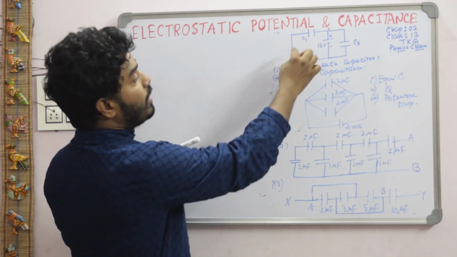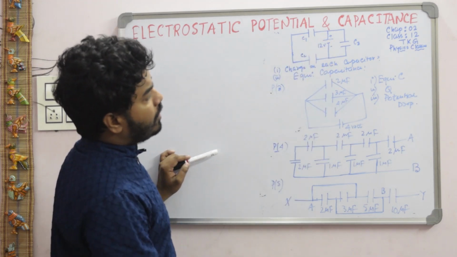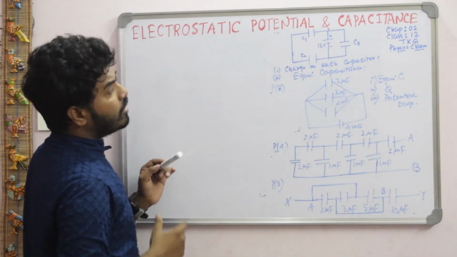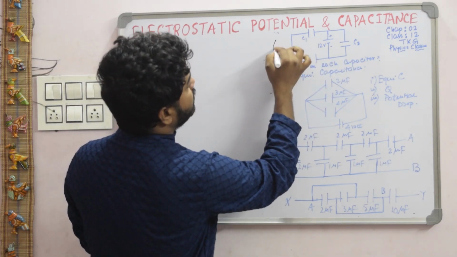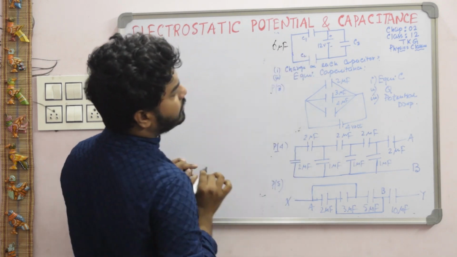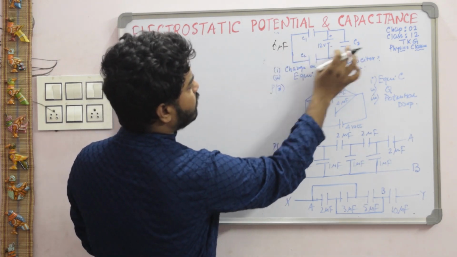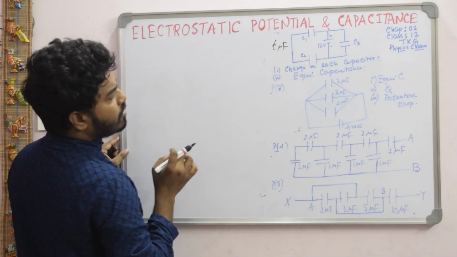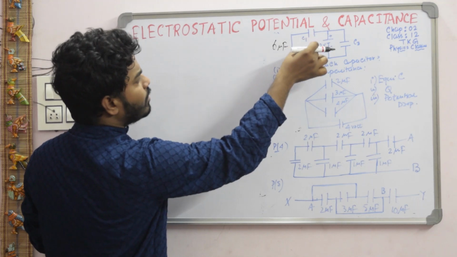So what will be the equivalent capacitance between C1 and C2? Suppose the capacitance value given is 6 microfarad for each capacitor, and the voltage given is 12 volt. First of all, you have to find the equivalent capacitance between C1 and C2.